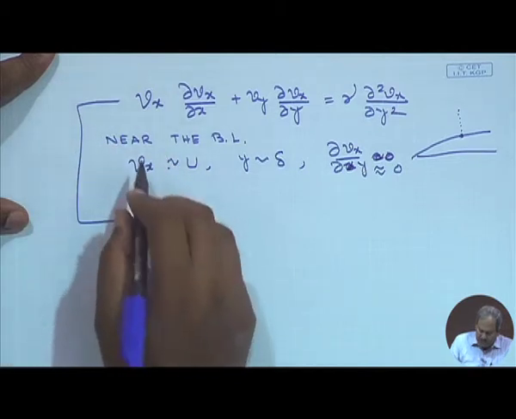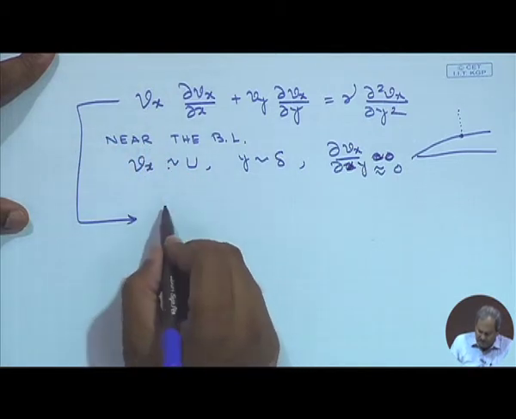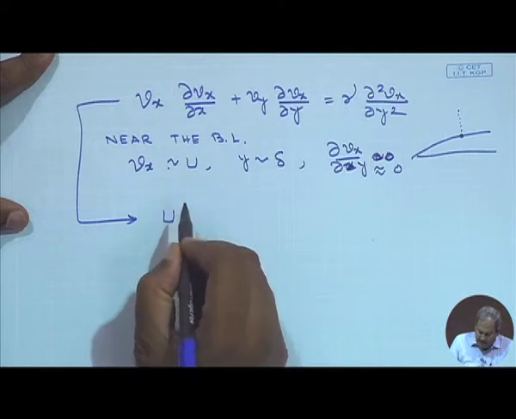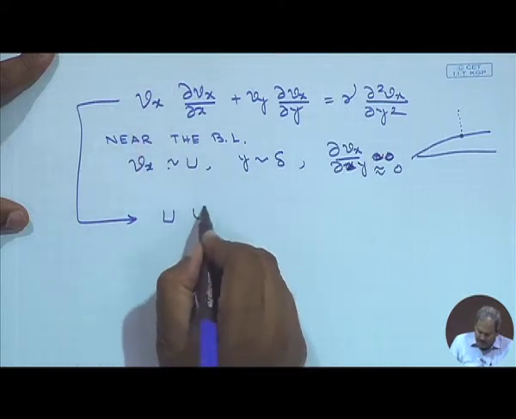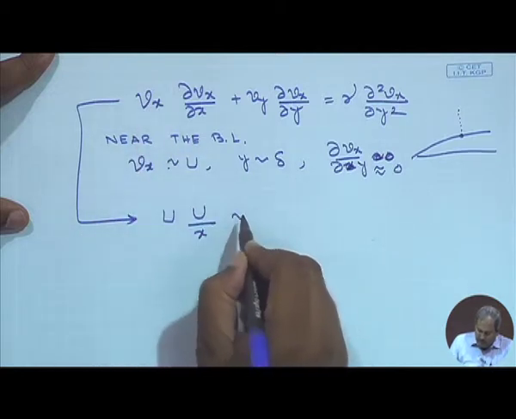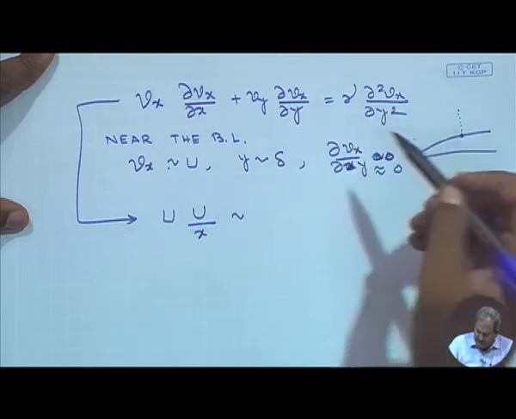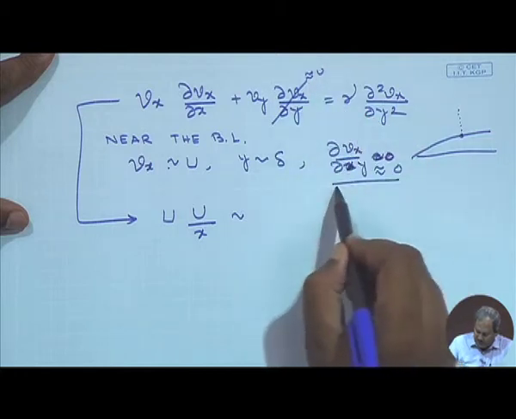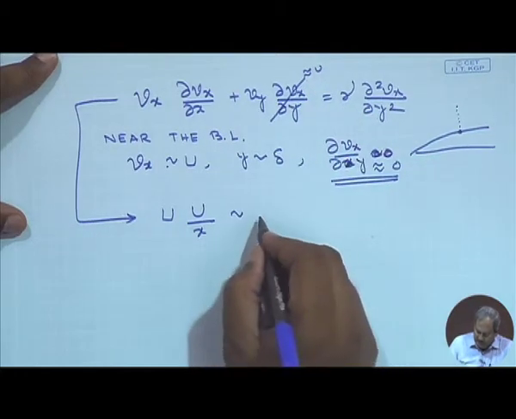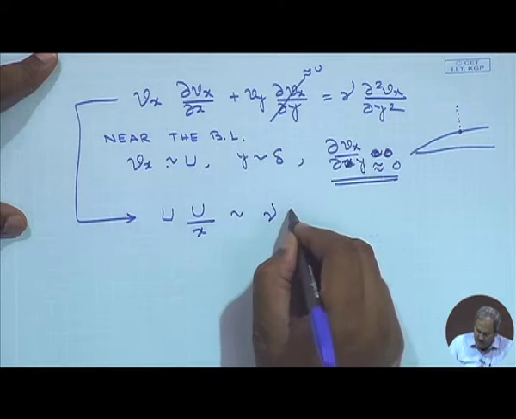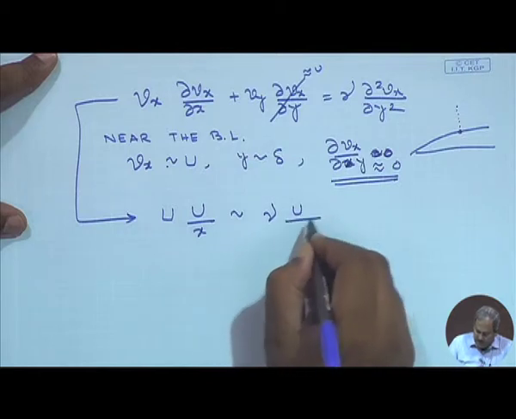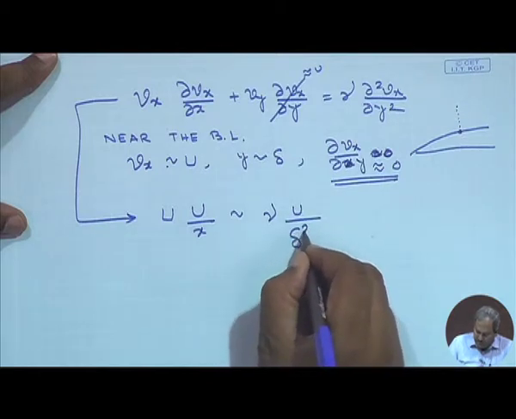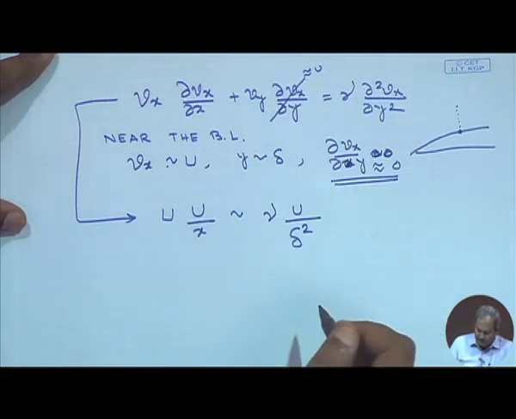So, if we see this, I am going to write the approximate form of this equation as u instead of Vx, u by x, which would be equal to this part, approximately equal to 0, and this is going to be equal to nu times u by y, where the value of y is delta.